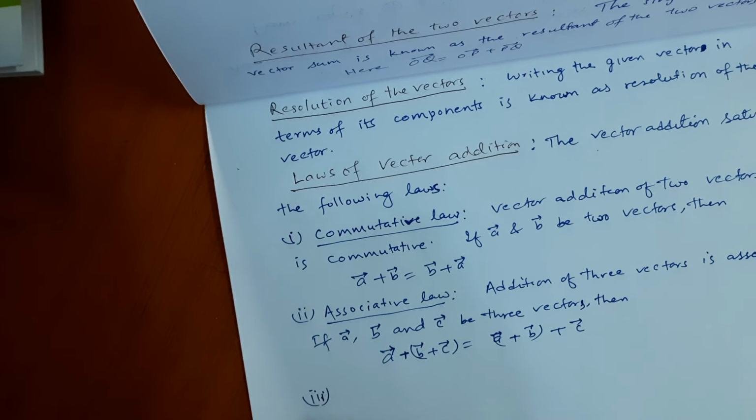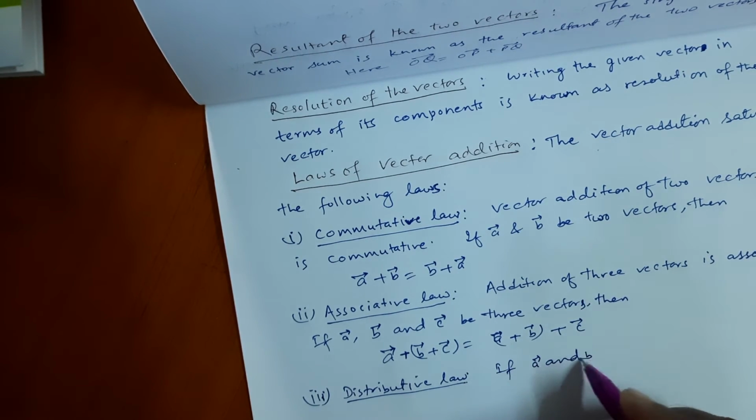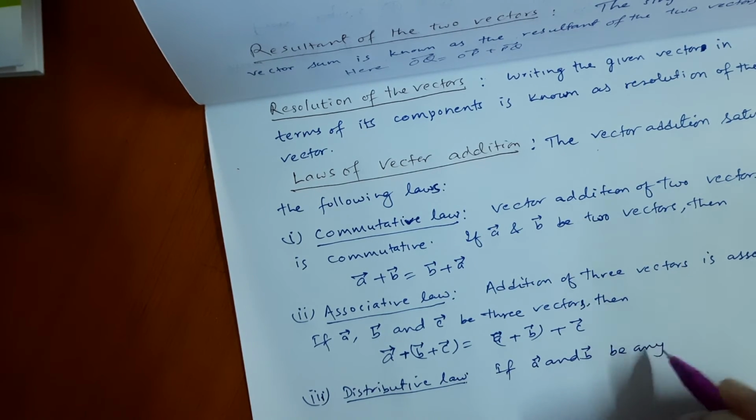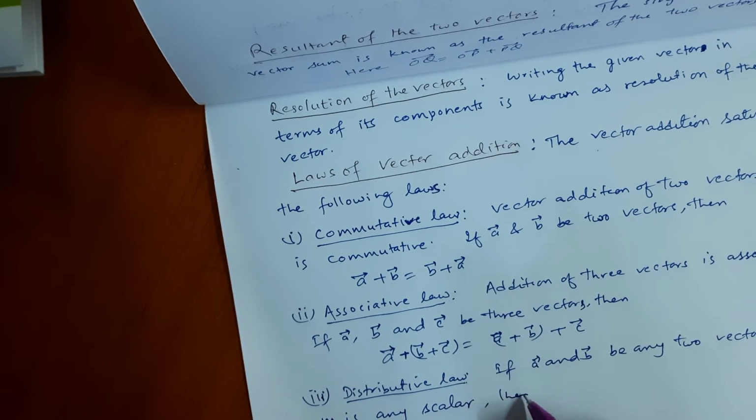And next is the distributive law. If A and B are any two vectors and M is any scalar, then M times A plus B equals MA plus MB. In this distributive law, the scalar M is distributed to vector A and to vector B. It is distributive law over addition.